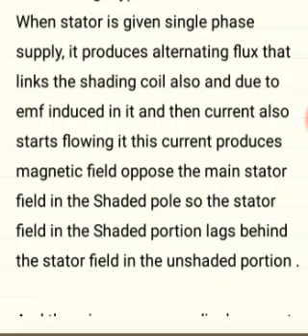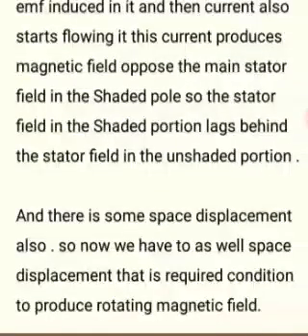When the stator is given a single phase supply, it produces alternating flux that links the shading coil also, and due to the EMF induced in it, current starts flowing in it. This current produces a magnetic field that opposes the main stator field in the shaded pole.